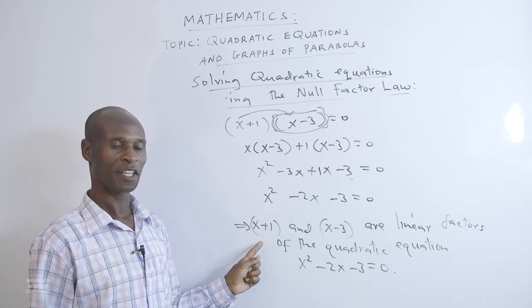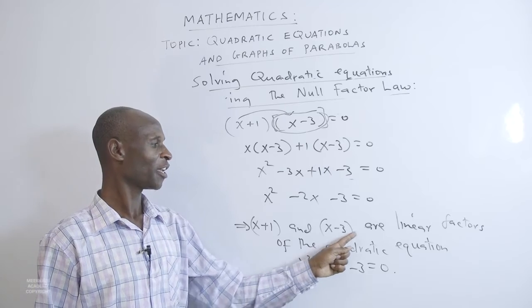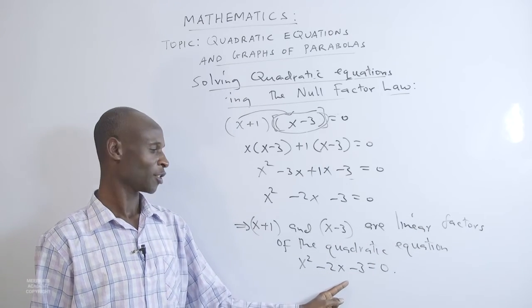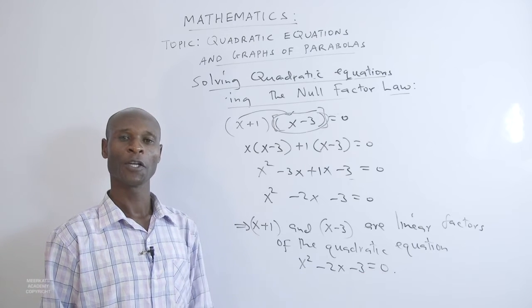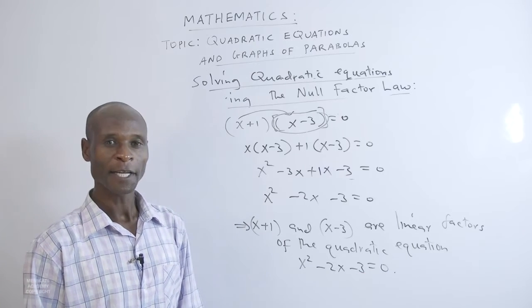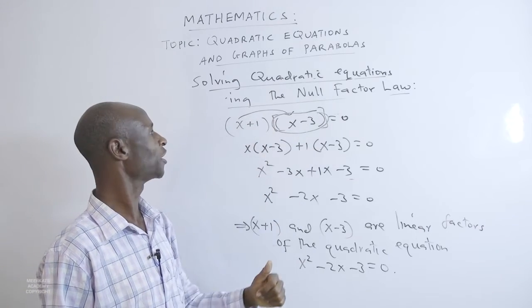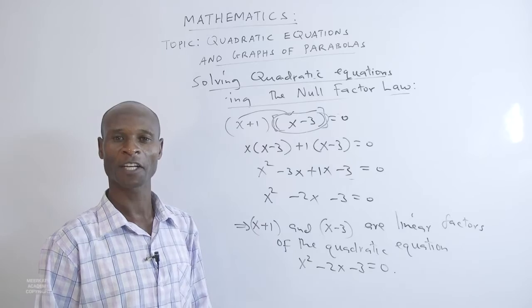So that means x plus 1 and x minus 3 are linear factors of the quadratic equation x squared minus 2x minus 3 is equal to 0. Let us look at more examples on how we can solve a quadratic equation using the null factor law.